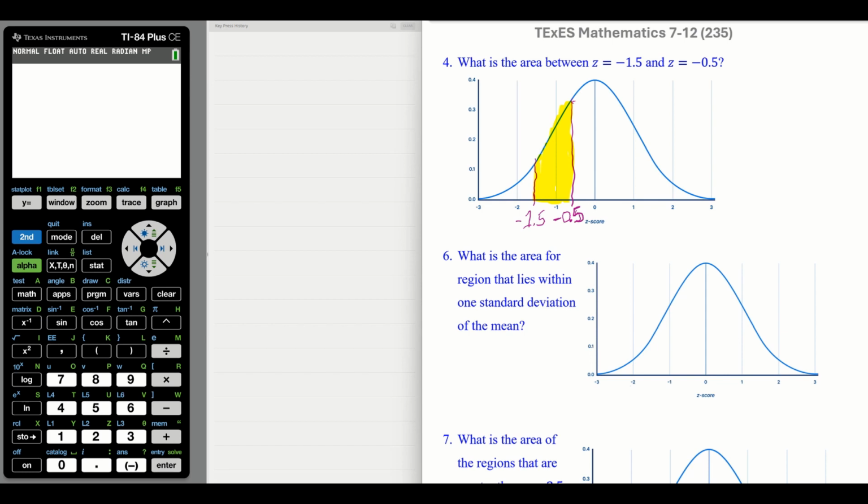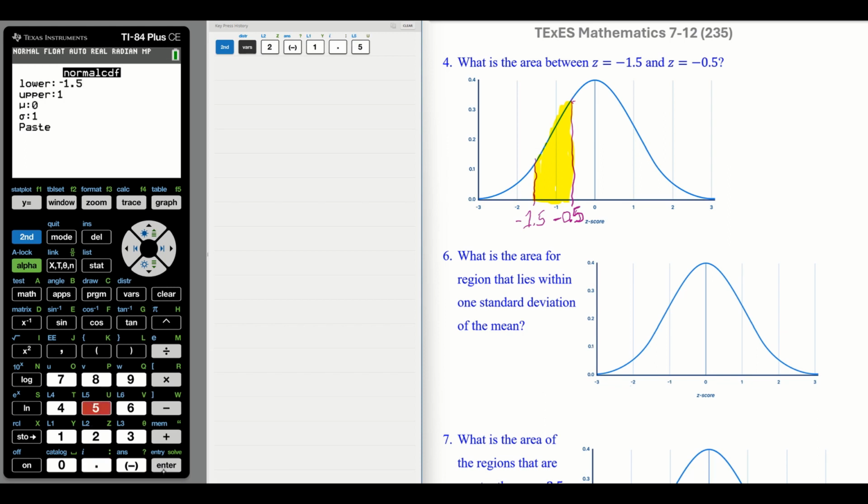All right. Let's put that in the calculator. So we need second vars 2. Our lower bound is negative 1.5. The upper bound is negative 0.5. And we enter.